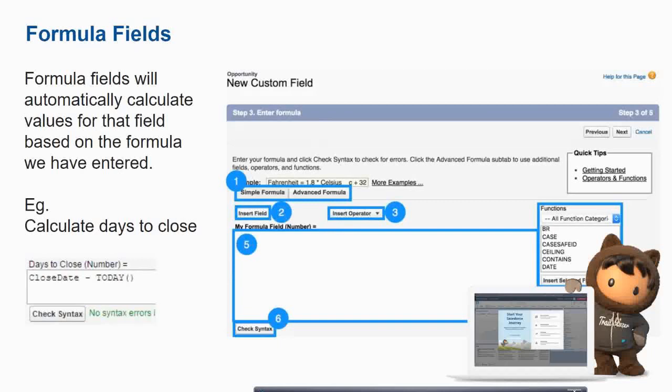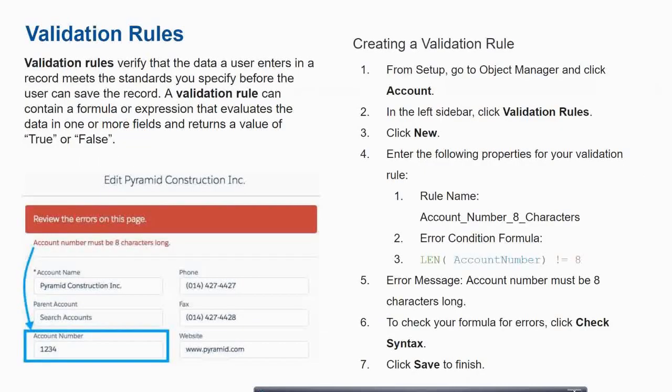In such scenarios you can use this formula field, which is provided out of the box, and there are some formulas which you can utilize using this tool provided by Salesforce, or you can write your own like coding. You can check syntax, save it, and use that formula field.